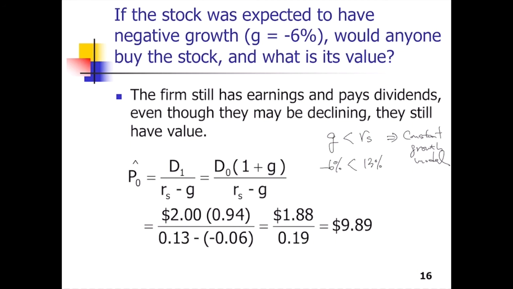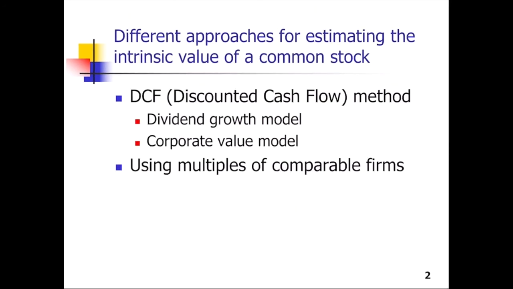Even though the firm's dividend growth rate is negative, the firm still has earnings and pays dividends, so it still has value. So far, we have run the constant growth model, and next time, we will run the corporate value model. Thank you.